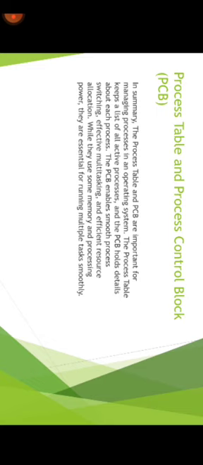And then in the summary, the process table and the process control block, PCB, are important for managing processes in the operating system. The process table keeps a list of all the active processes and the PCB holds details about each process.